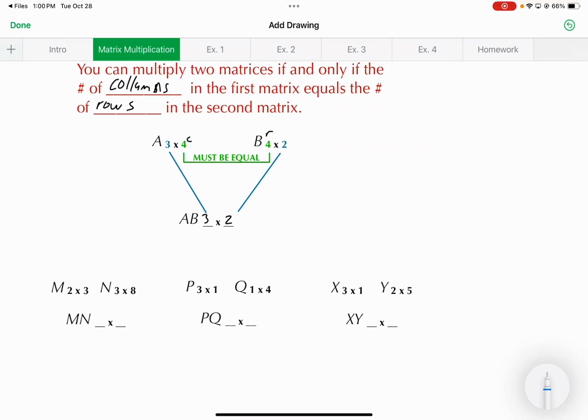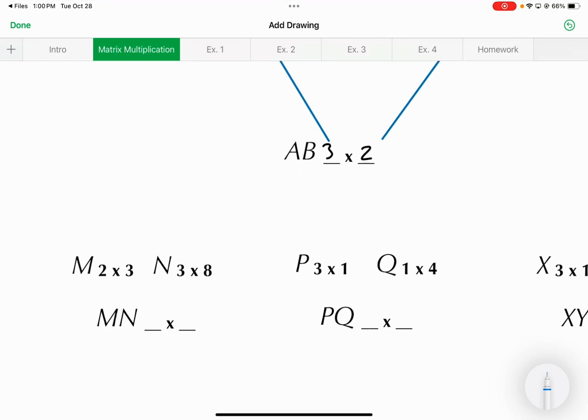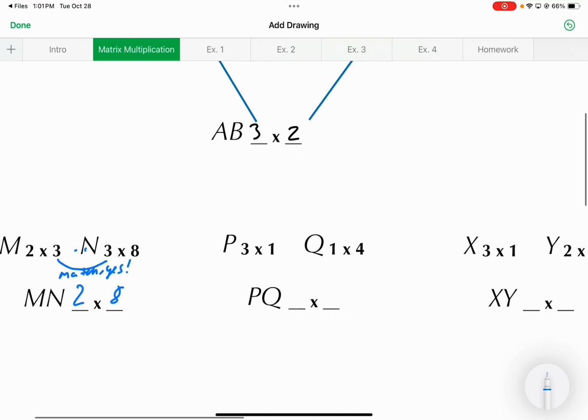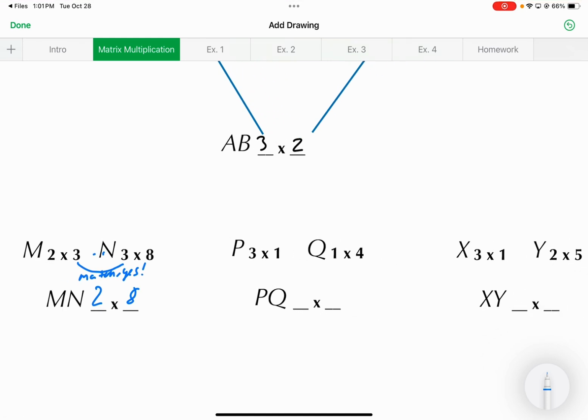So can I multiply these matrices by each other? And if so, what would be the dimensions of the resulting matrix? So can I do M times N? I got a 2 by 3 by a 3 by 8. I can, right? What would the resulting matrix be? 2 by 8, good. So these match. So yes, smiley face. And then for the middle one, we have a 3 by 1 multiplied by a 1 by 4.